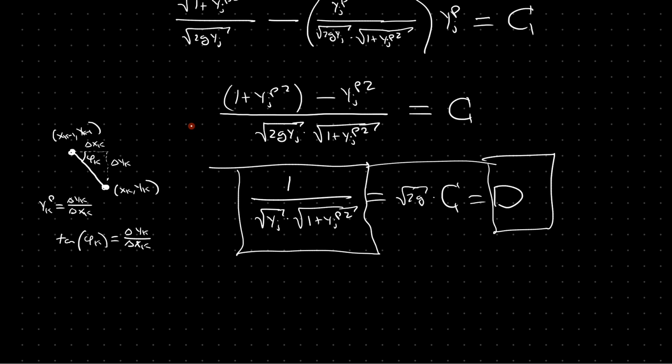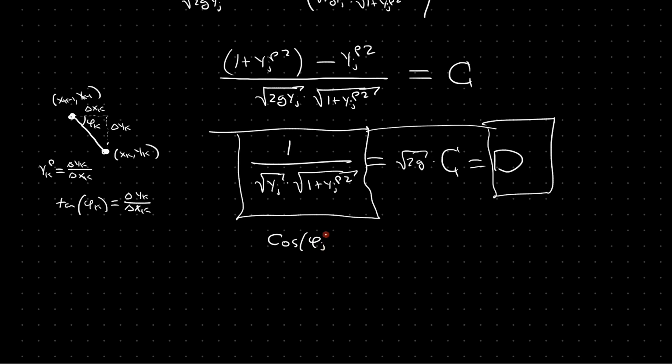So another way of rewriting this equation would just say that the cosine of this angle phi k, phi j, over the square root of yj has to be this constant d.